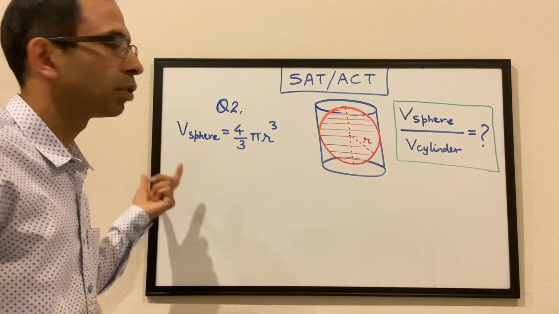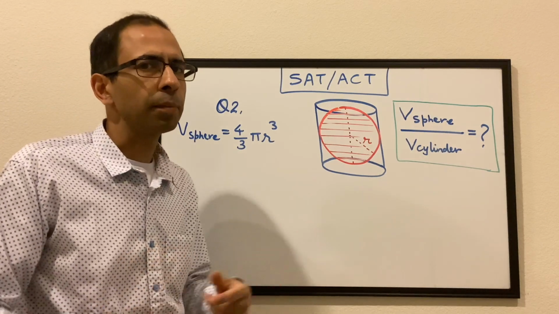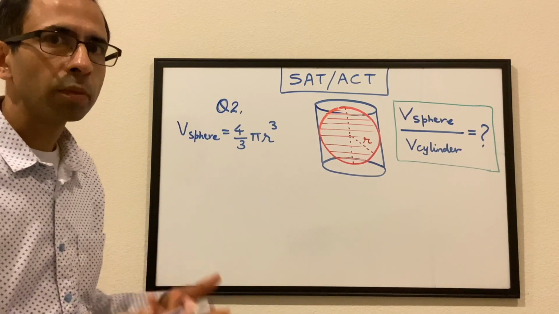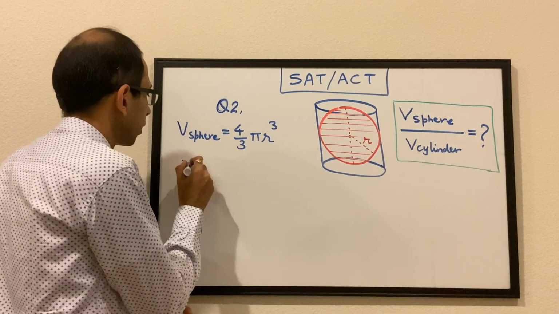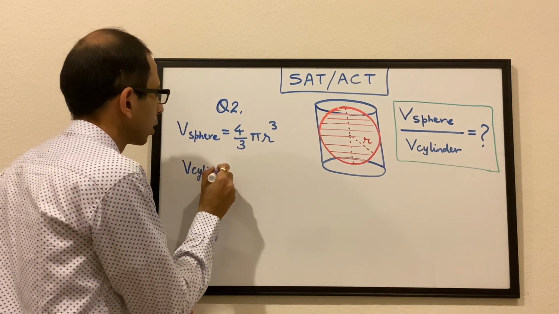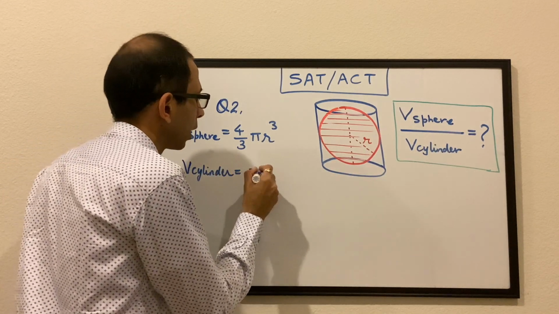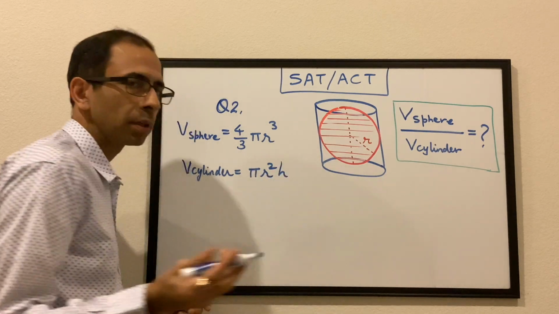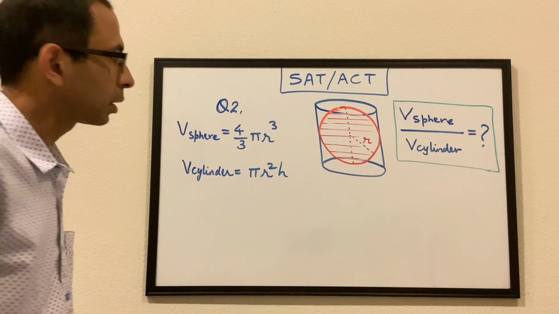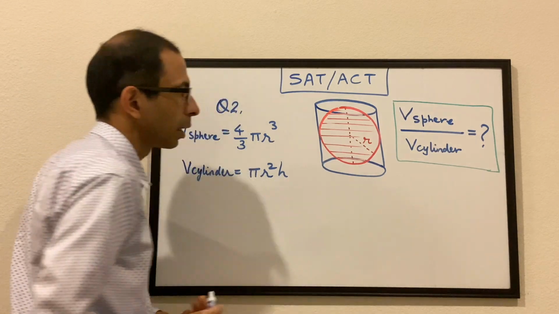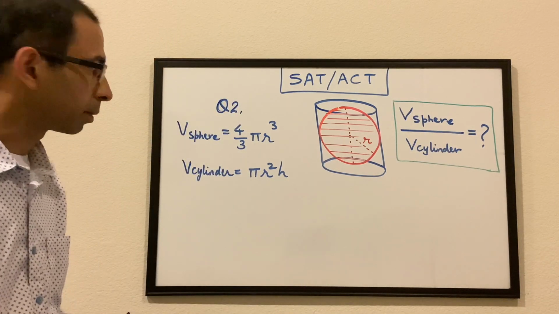Again, this is something which will be given to you in the reference sheet, but it helps in case you know some of these basic formulas, right? The volume of the cylinder is given by pi r square h, as we had seen in the last question, where r is the radius of the base, right, and h is the height of the cylinder.